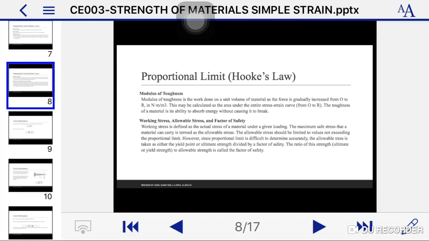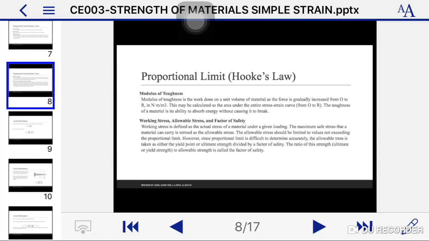So the factor of safety is at the discretion of the engineer, or it is always based on different types of code. So the ratio of this strength to allowable strength is called the factor of safety.